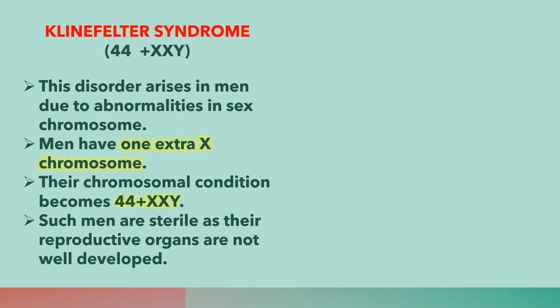So the Turner syndrome was to do with women who become sterile, not being able to reproduce, and Klinefelter syndrome in which men have one extra chromosome and they are sterile.